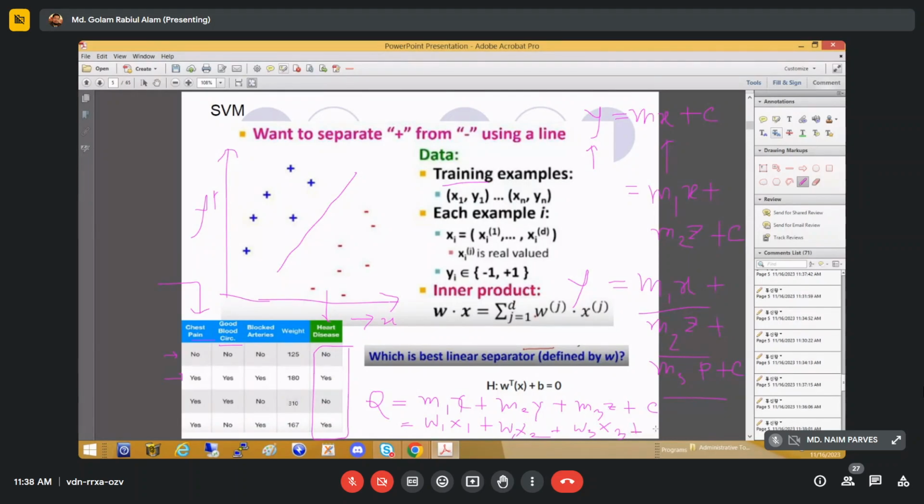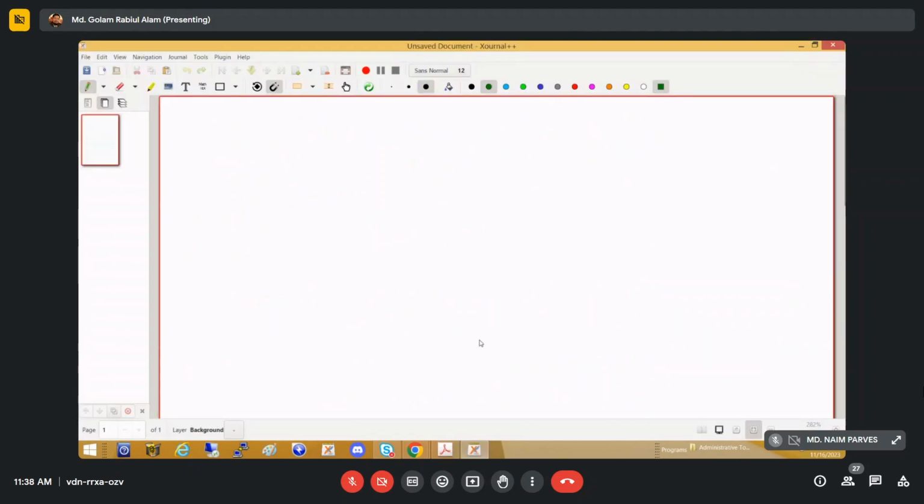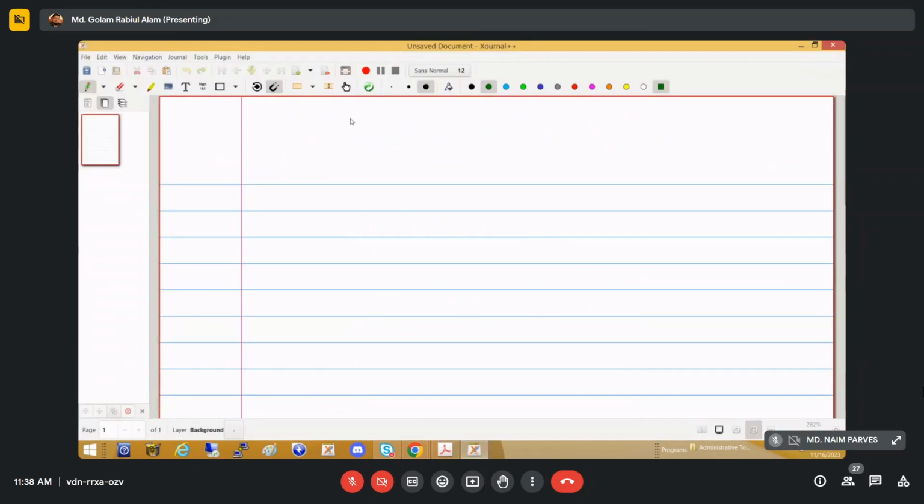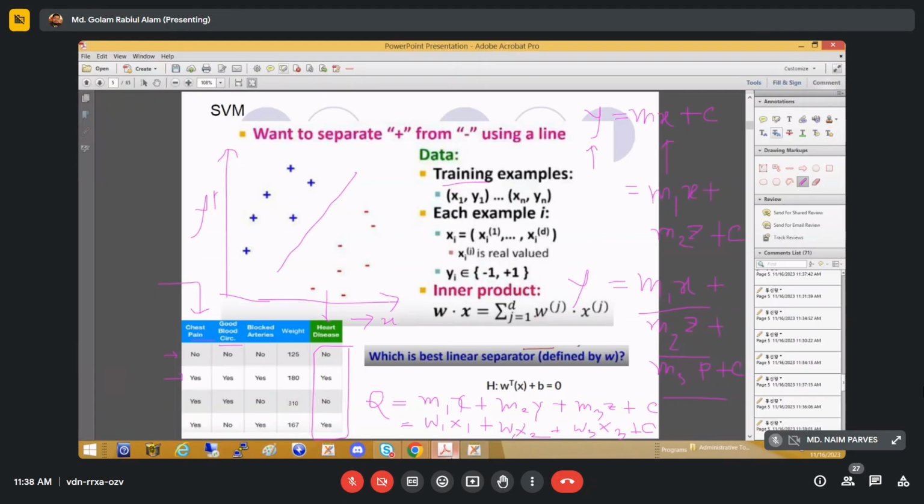Okay, plus c. So now this equation we can write differently. That means w1x1, w2x2, and w3x3 plus c.